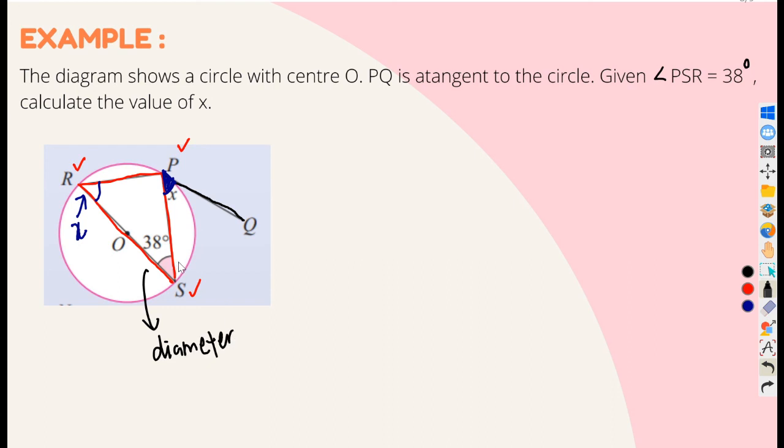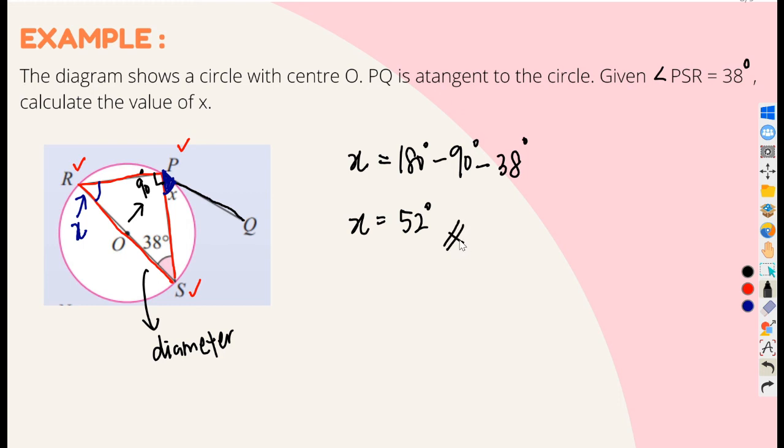When we have a triangle with a diameter, the angle opposite to the diameter is 90 degrees. So x is equal to 180 minus 90 minus 38 degrees. You will get the answer 52 degrees.